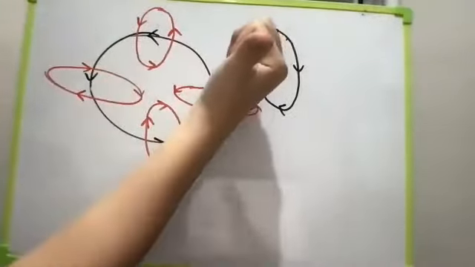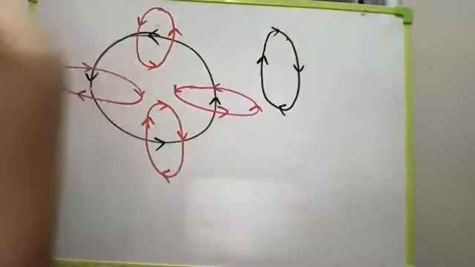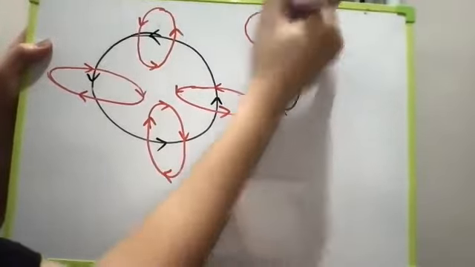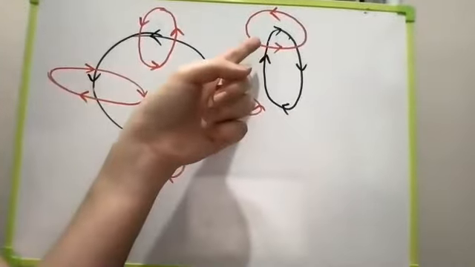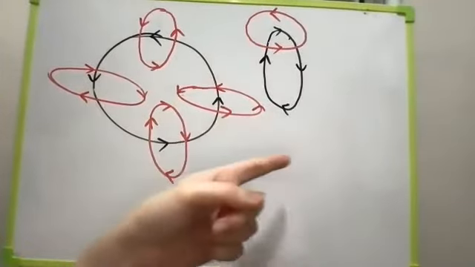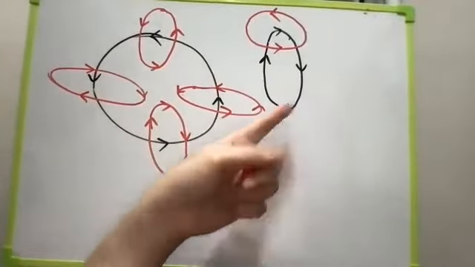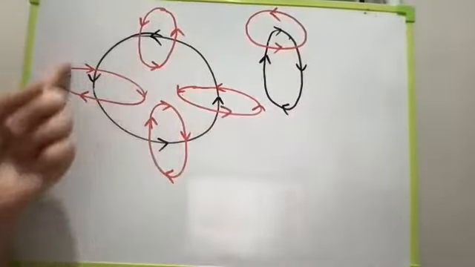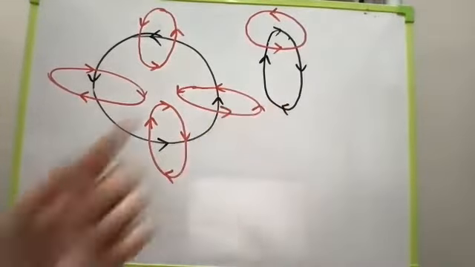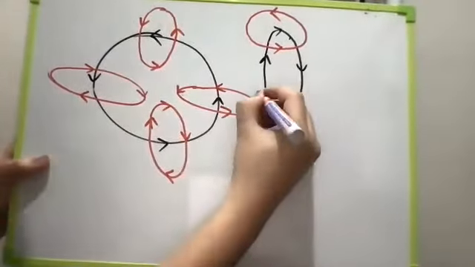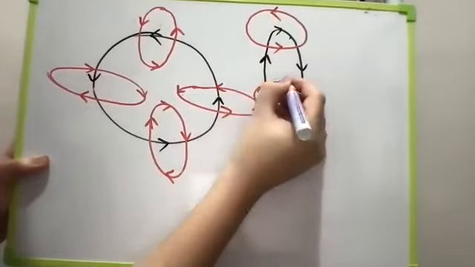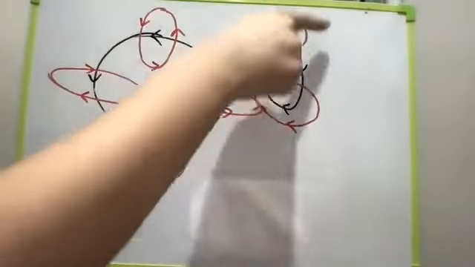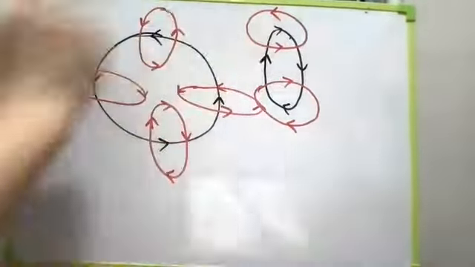I close my grip, then your magnetic field is like this. Just at the top here, it curves to the back, and at the bottom here, it also curves to the back. This is a 3D view, and this is a 2D view. So it curves to the back, and your magnetic field is like this.